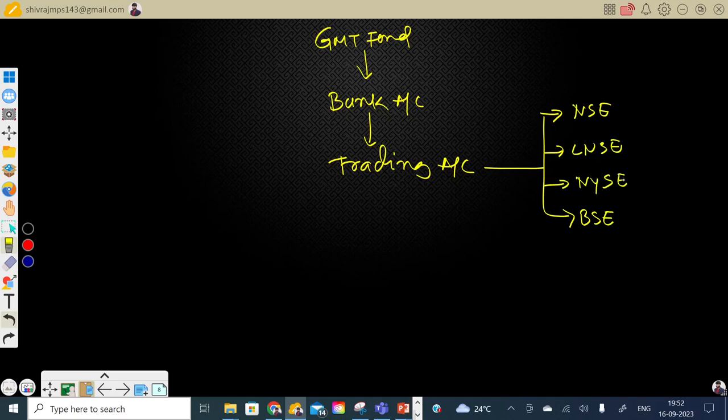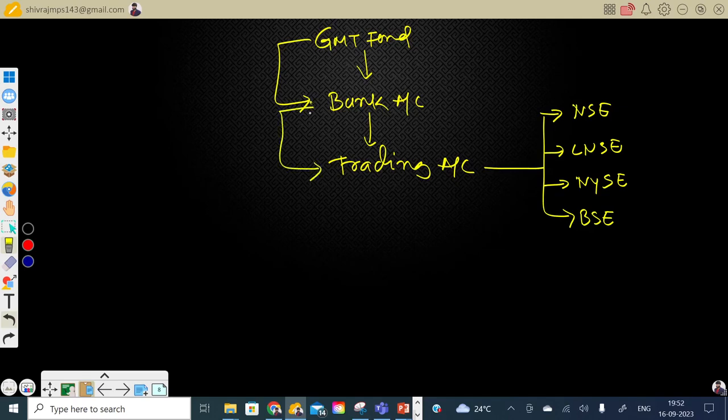Without a trading account, you cannot buy. So for understanding purposes, your fund account you can map with a bank account. Open a bank account with institutions like HSBC, and then you can map that account with your trading account.